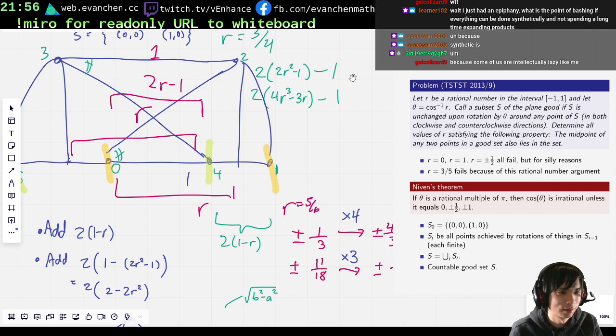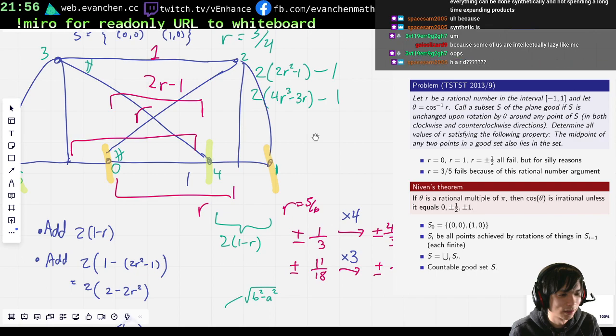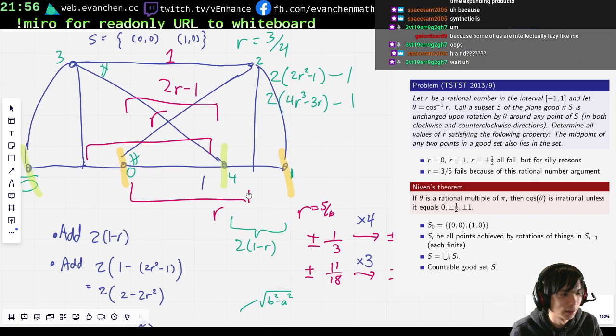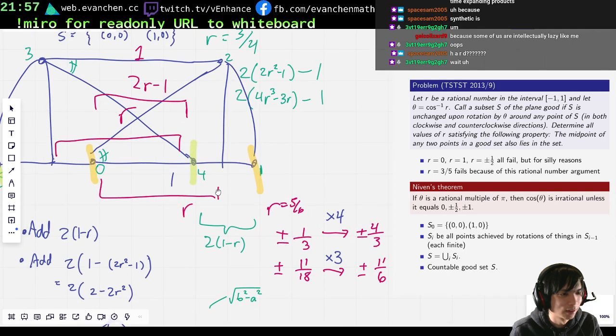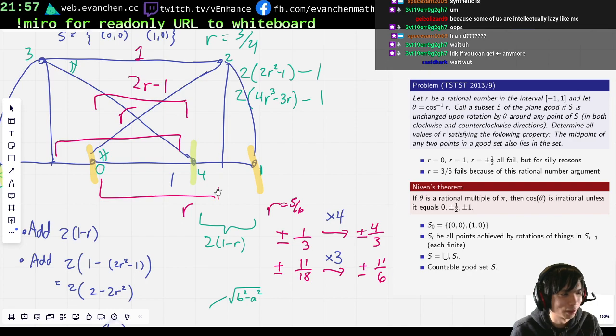Is that right? I don't think you can get plus minus anymore. What do you mean you can't get plus minus?